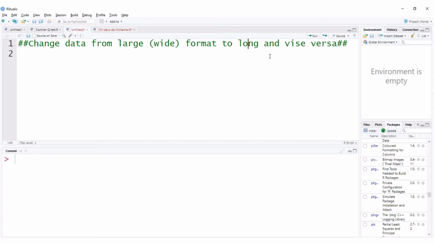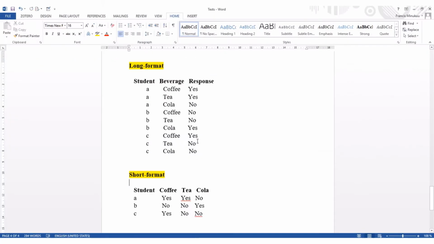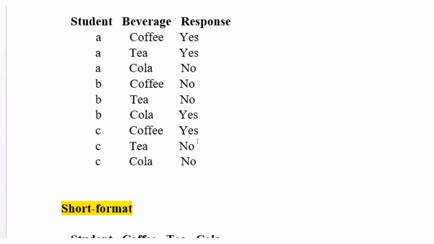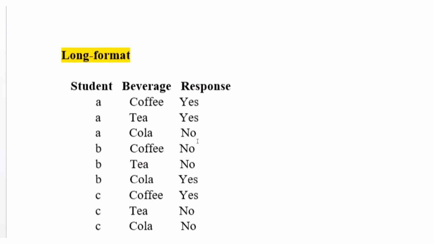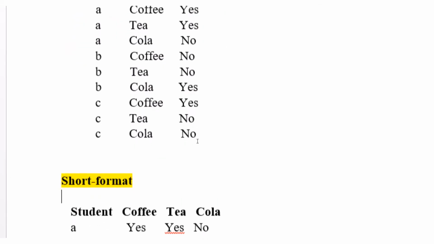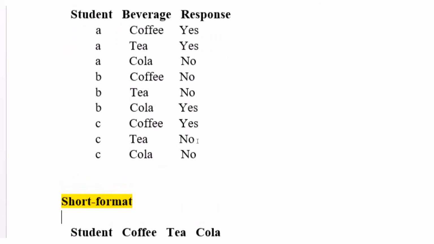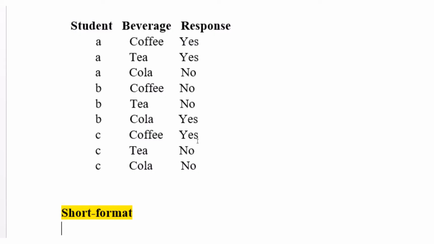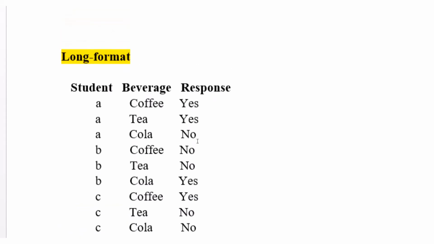Longitudinal data can be presented in two forms, as you can see here, in either long format, or short, otherwise known as wide or large format. So why is this so important?